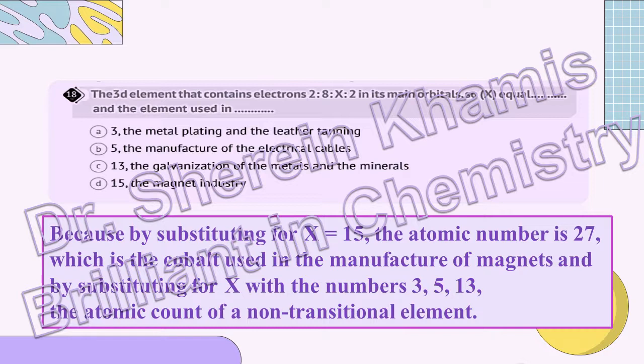Removing x and putting 15, the atomic number at the end will be 27, which is cobalt, used in the manufacture of magnets. Also, by substituting it, we have the numbers 3, 5 and 13, the atomic count of a non-transitional element.